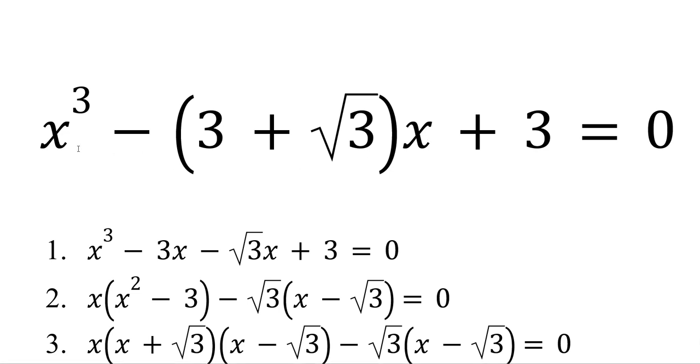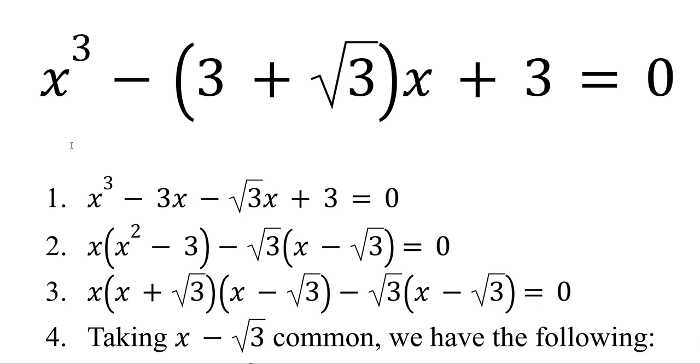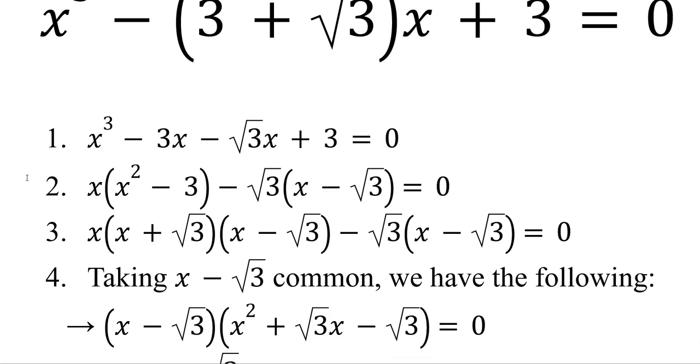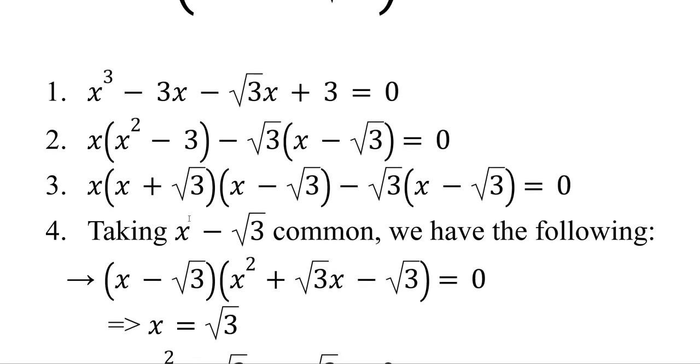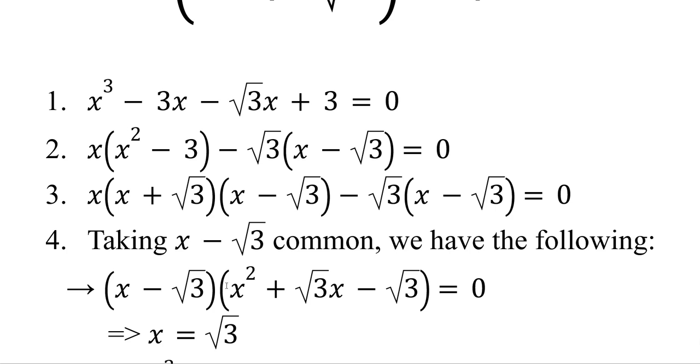So root 3 was something I got just by looking at this equation, but this is how you actually solve for x. You have x is equal to root 3, and then you take the other quadratic, and quadratics are easy to solve.